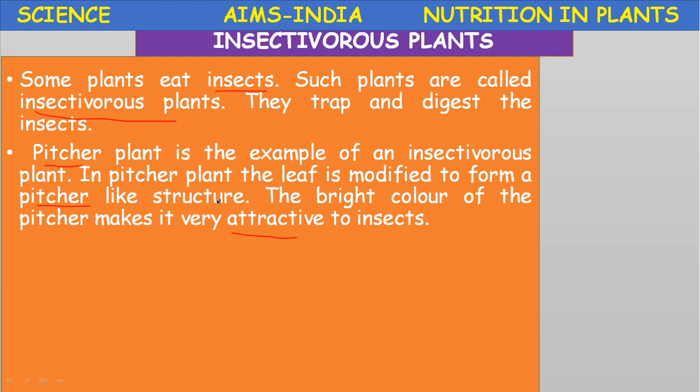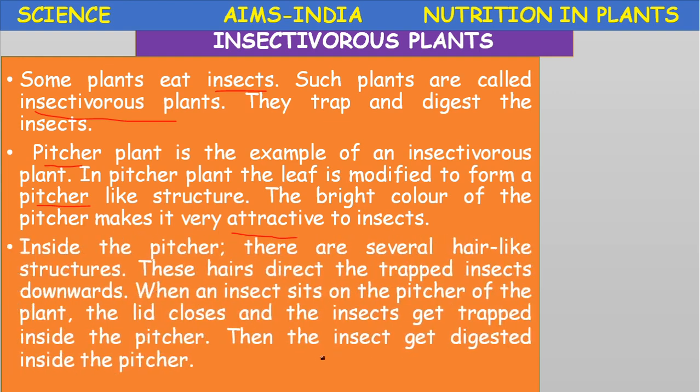As we discussed, every organism has its own scientific name and common name. So scientific name is universal, but the common name from place to place it will change. Okay.